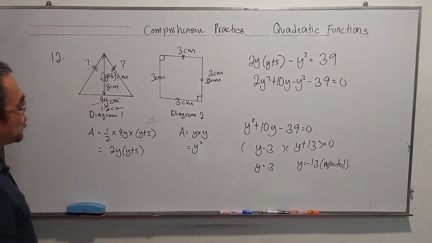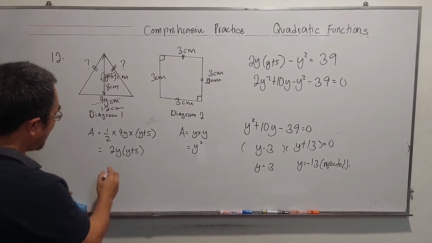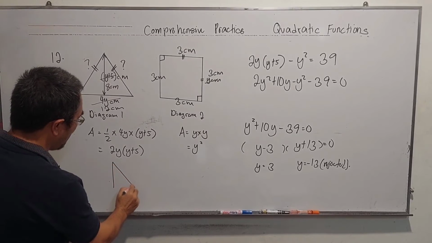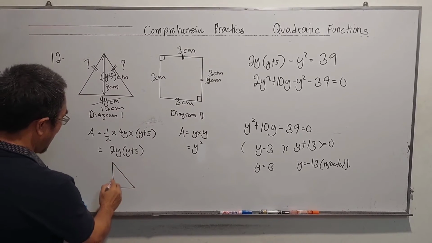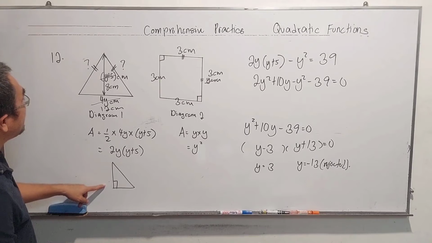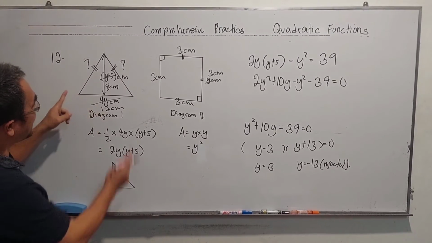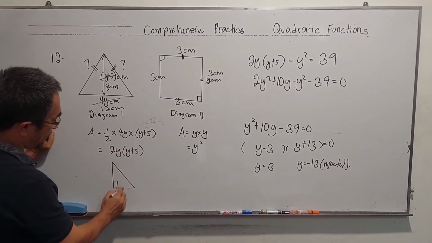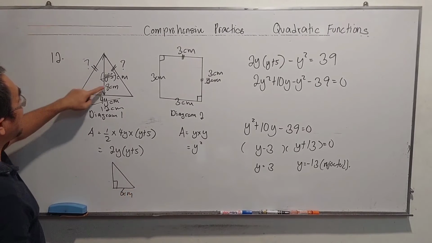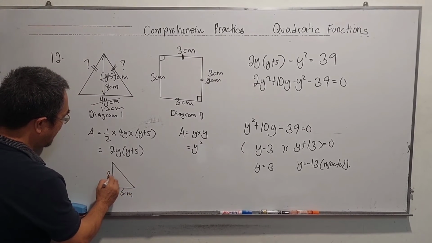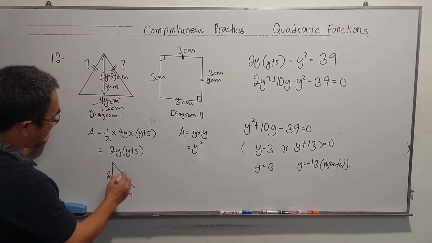In order to use Pythagoras theorem, you need to divide it into two parts, where the angle is 90 degrees here, and the 12 we will divide into two equal parts. It will be 6 centimeter and here will be 8 centimeter, and you will get to know the hypotenuse.